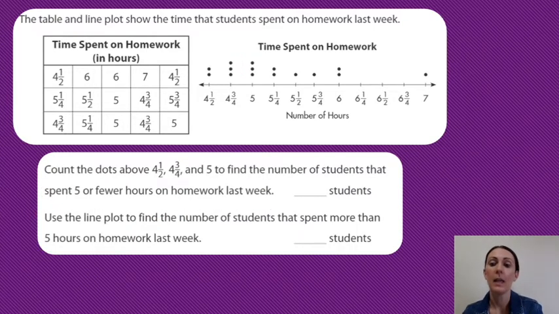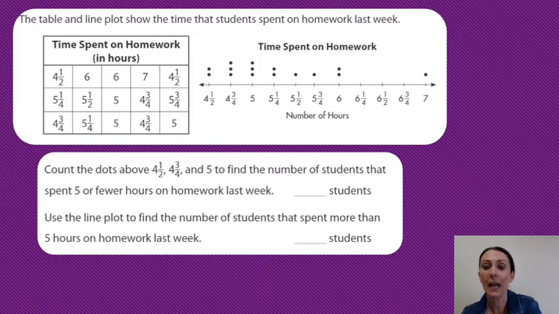Okay, here we are. Same line plot, different question. Let's take a look at the question. It says count the dots above 4 1/2, 4 3/4, and 5 to find the number of students that spent 5 or fewer hours on homework last week. So first of all, let's unpack the question.